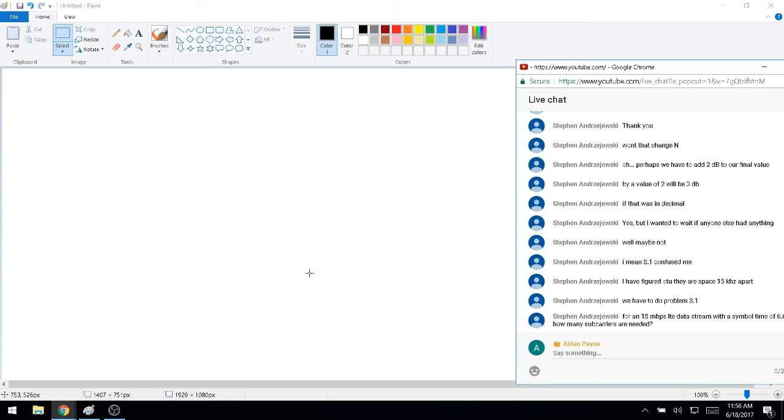The big information that we're looking at for this problem is we have a symbol time and a bit rate. We have 18 megabits per second. We know it's LTE, and we have a symbol time of 66.67 picoseconds. Those are the big variables that we need, so now we just have to find something that puts all those together.